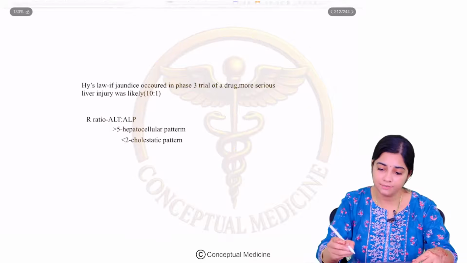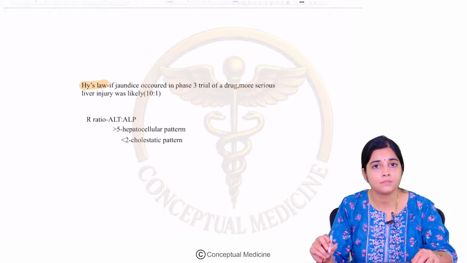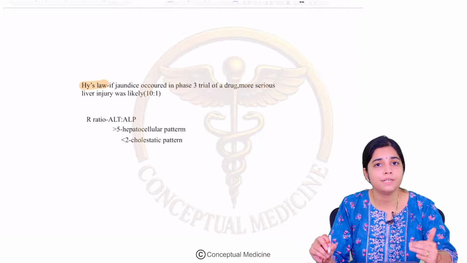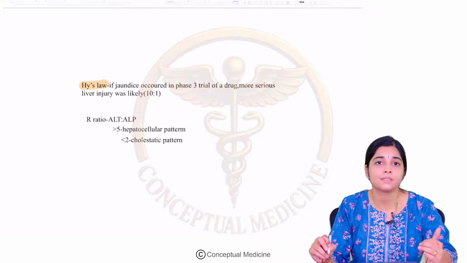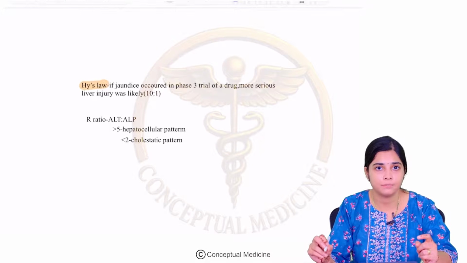Now let us understand a very important concept, which is Hy's law. Hy was a person who devised this concept to ensure that the drugs that come out into the market are safe to use and do not cause very severe liver damage, right?